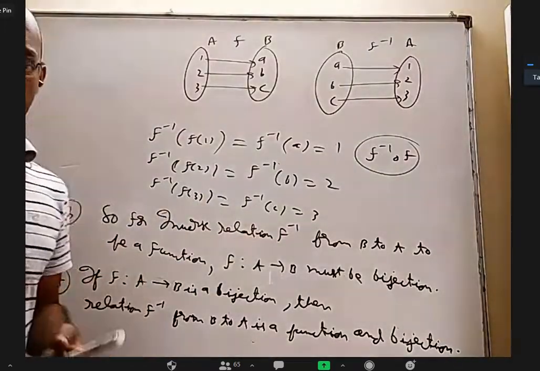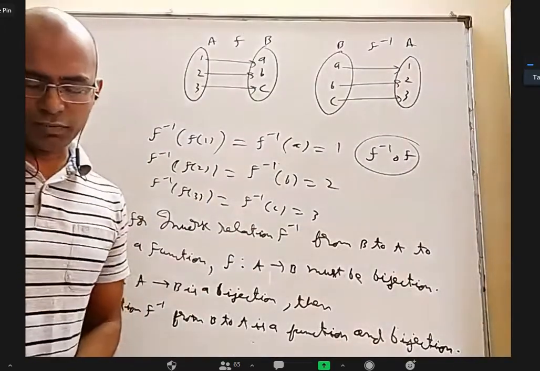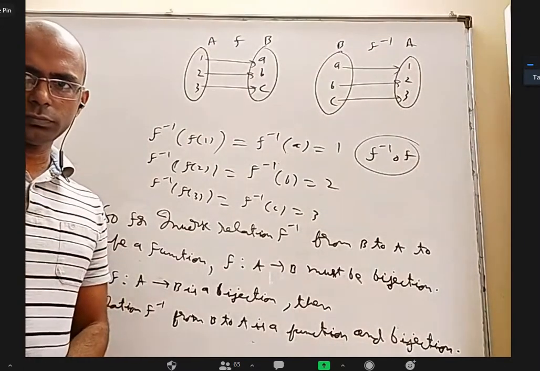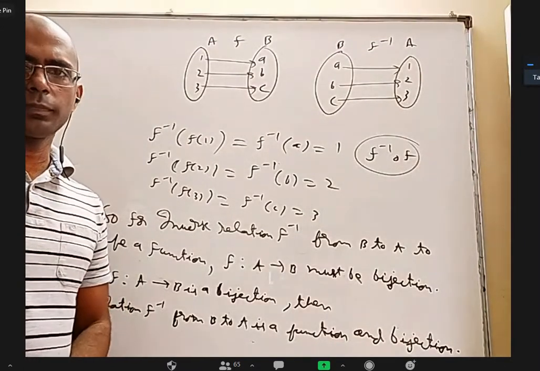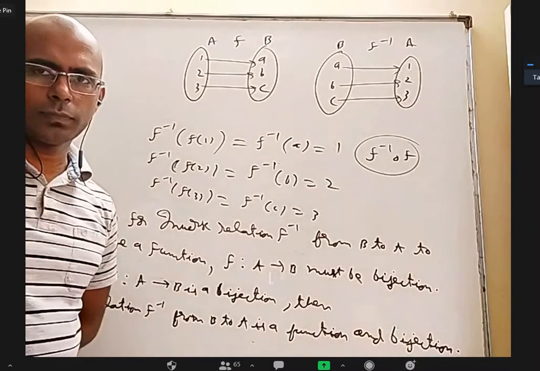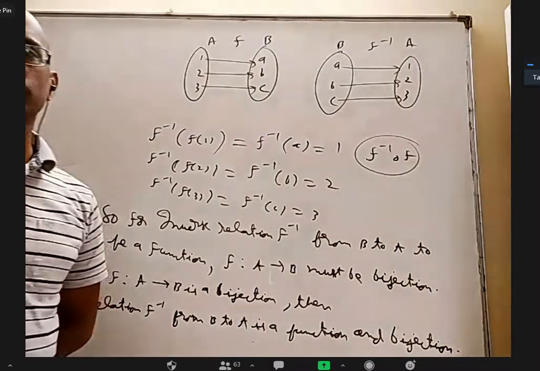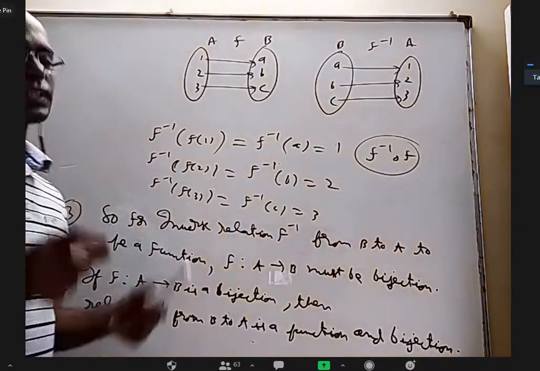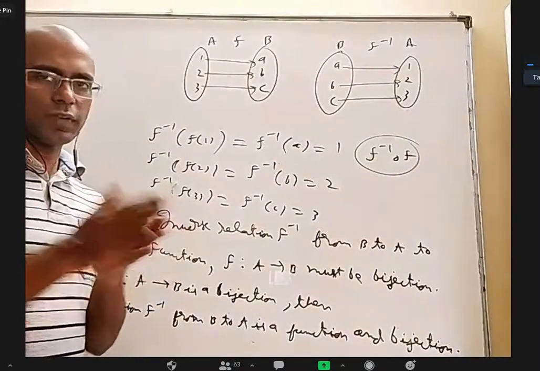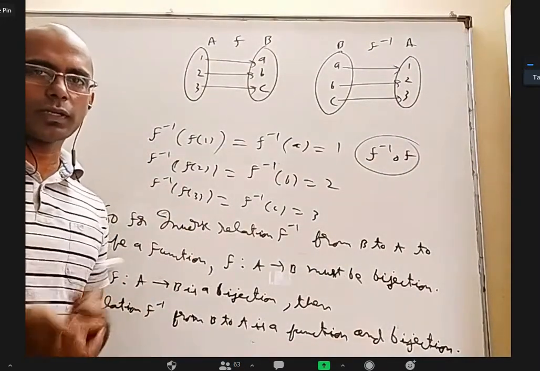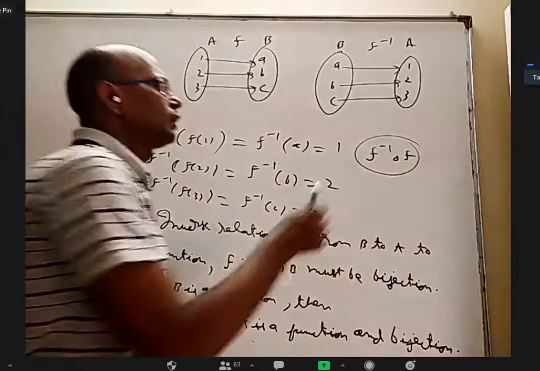If a function connects the same element to itself, what is that function called? Is there any name? Identity. Yeah, it is called the identity function. If f of x is x for all x values in the domain, it is called the identity function.